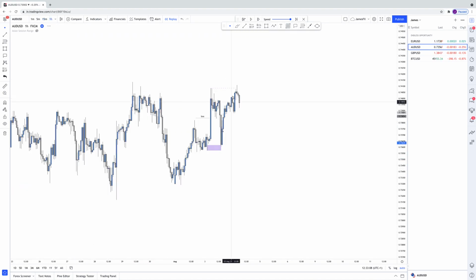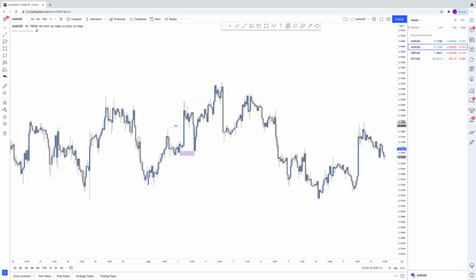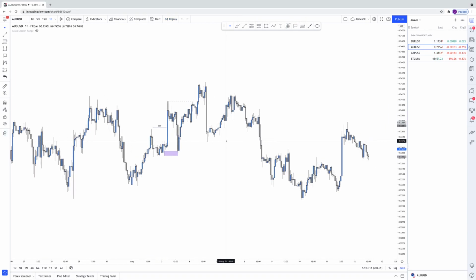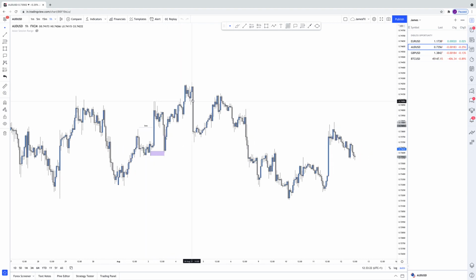And just coming out of the bar replay tool, we can see that was a good few weeks ago. Price did push up, and as I mentioned, we then saw large momentum down, which is, as I said, liquidating all of these lows here and this candle.